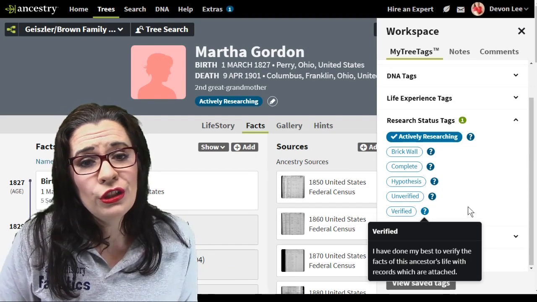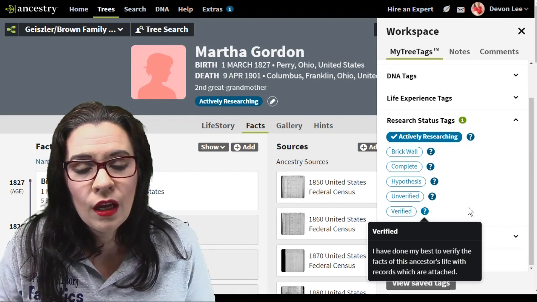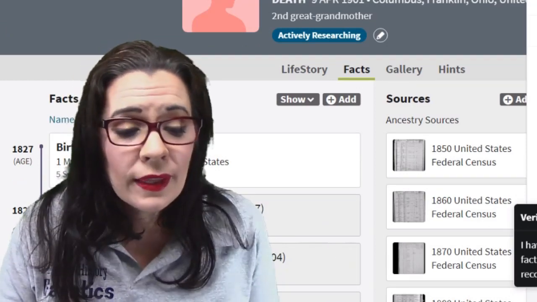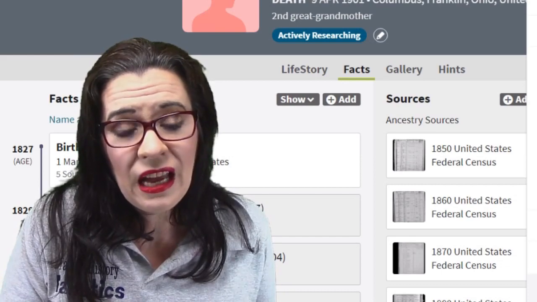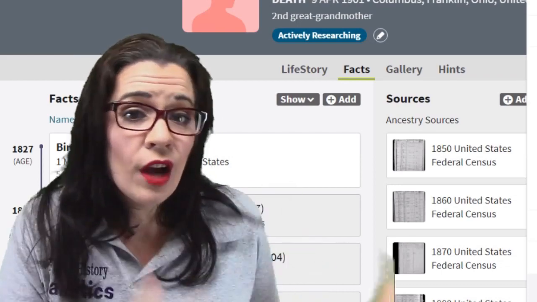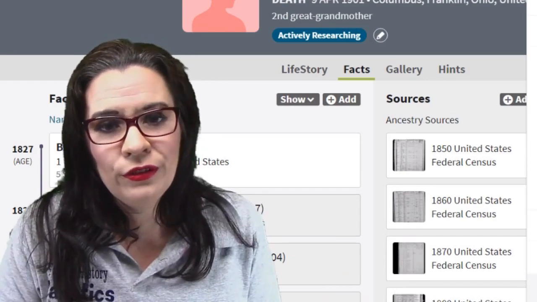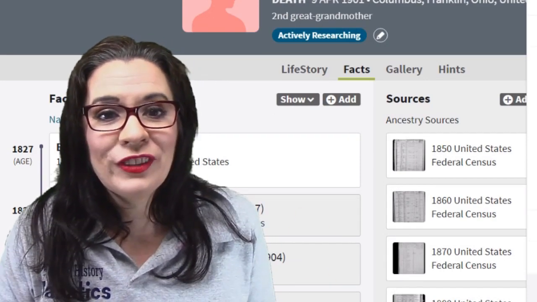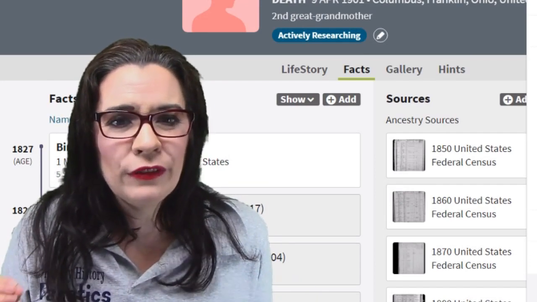And for genealogists who seek after a genealogy proof standard, this becomes confusing. So I would love if we could have, if complete is meant to be "I'm not really actively researching this person," a label that says inactive researching or actively ignoring. That would be kind of fun, but not have complete and verified.